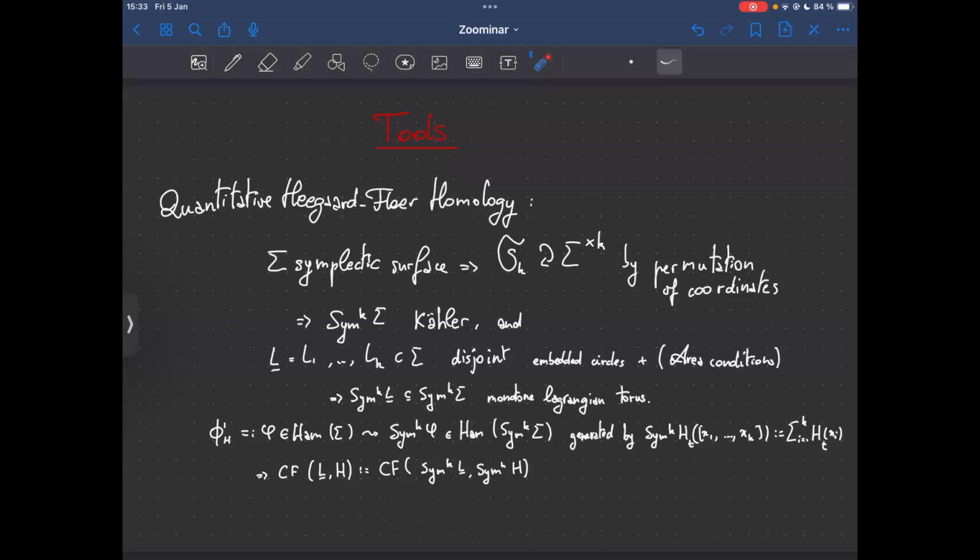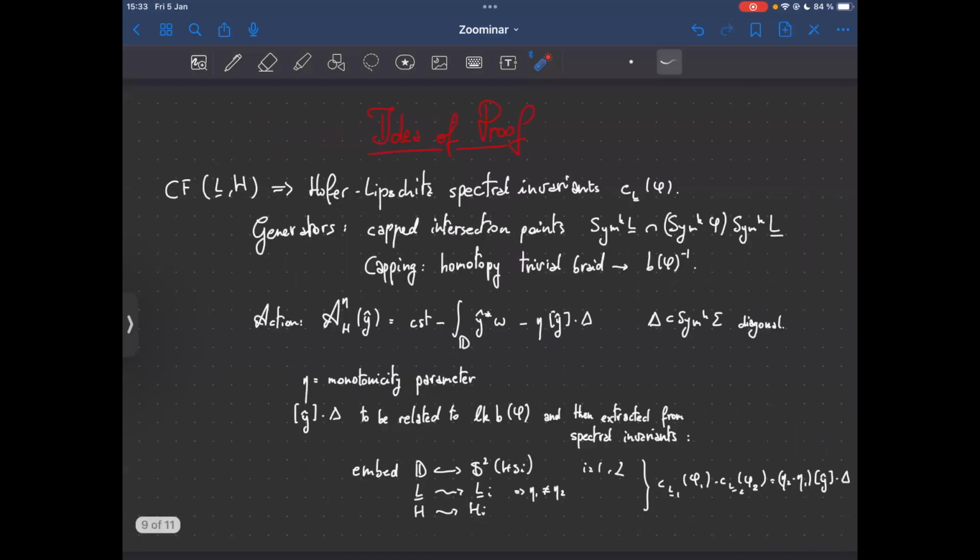So the Heegaard-Floer complex associated to the pair underline L and H is defined to be the Floer complex associated to the symmetric product of L with the symmetric product of H. So this gives rise to a well-defined Floer homology theory. So in particular, since the homology theory is non-zero, it yields Hofer-Lipschitz spectral invariants, which we denote by c_L of phi.